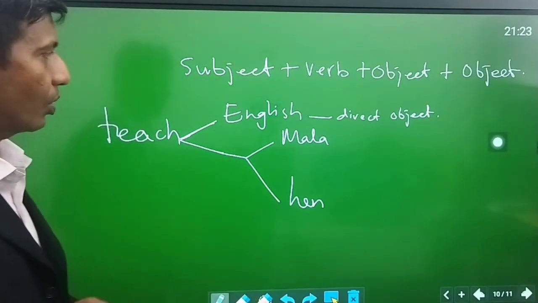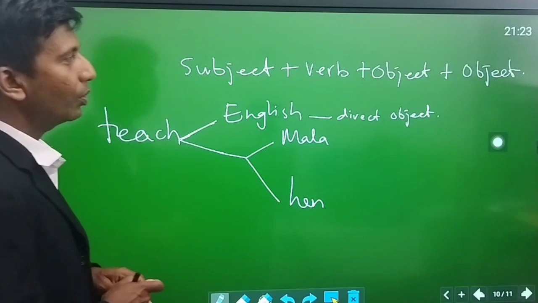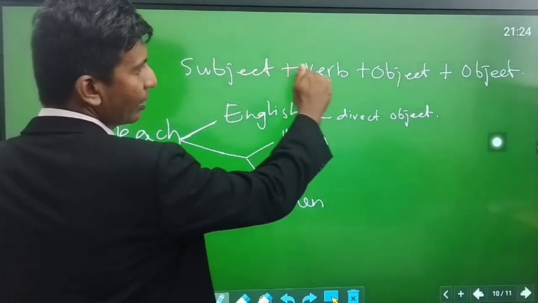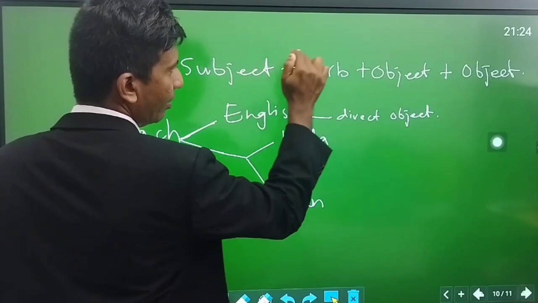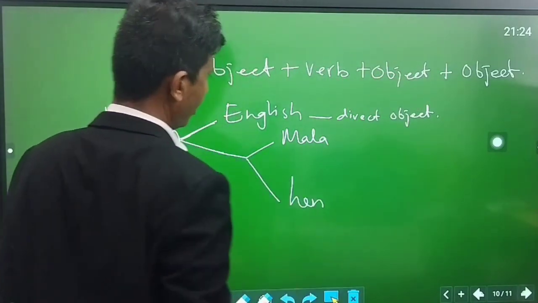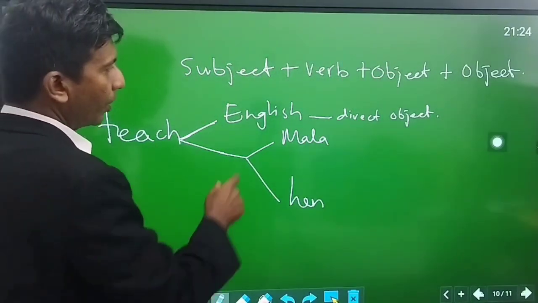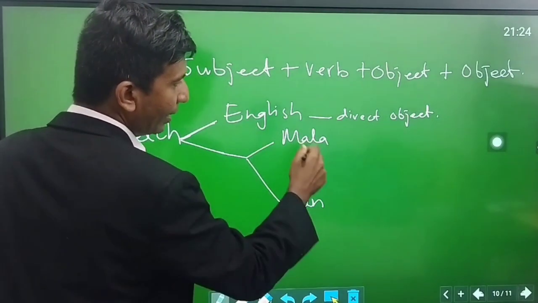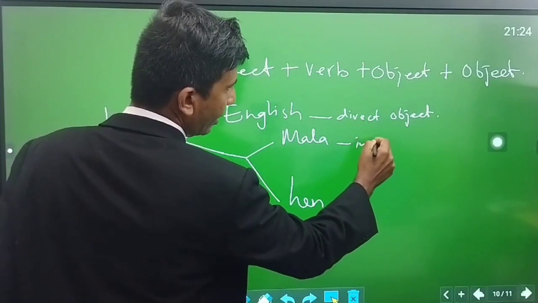So how to place them? Now I am going to make a sentence according to this main pattern: subject, verb, object, object. First of all, I am going to place this direct object, and these are indirect objects.